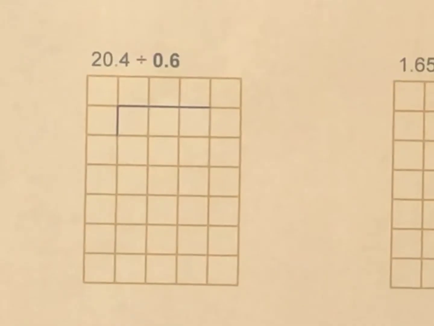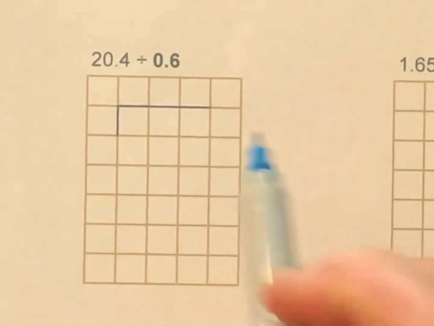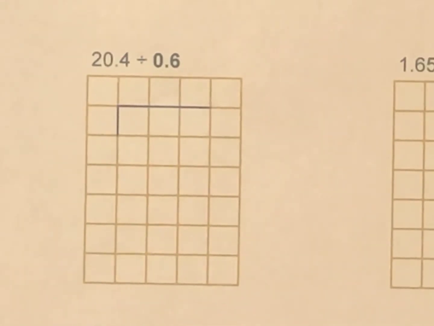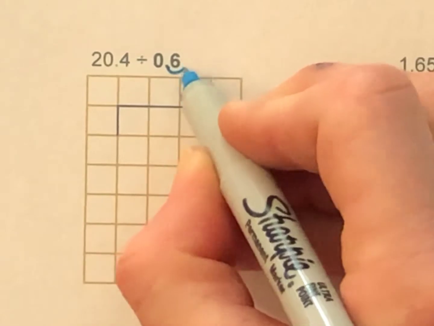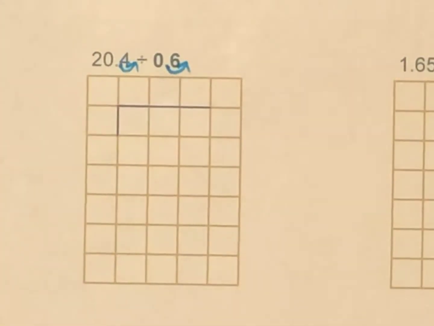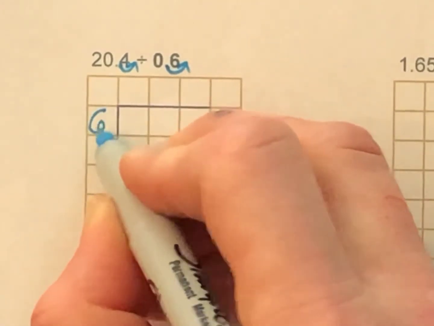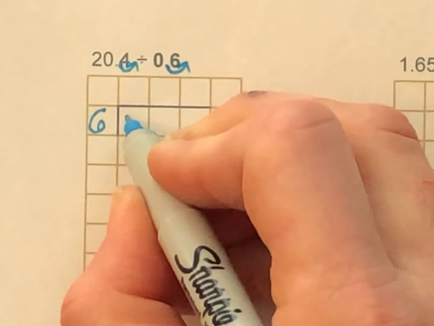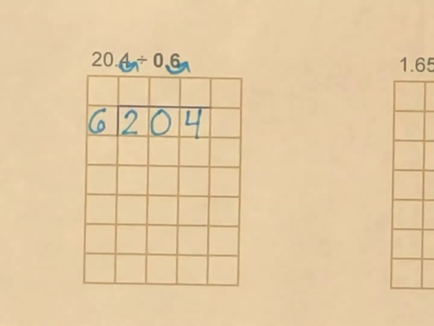Let's go down one. 20 4/10 divided by 6/10. This has one decimal place I need to move over, so then I will move it over one place here too, which gives me 6 and 204. Once again, I have no more decimals.